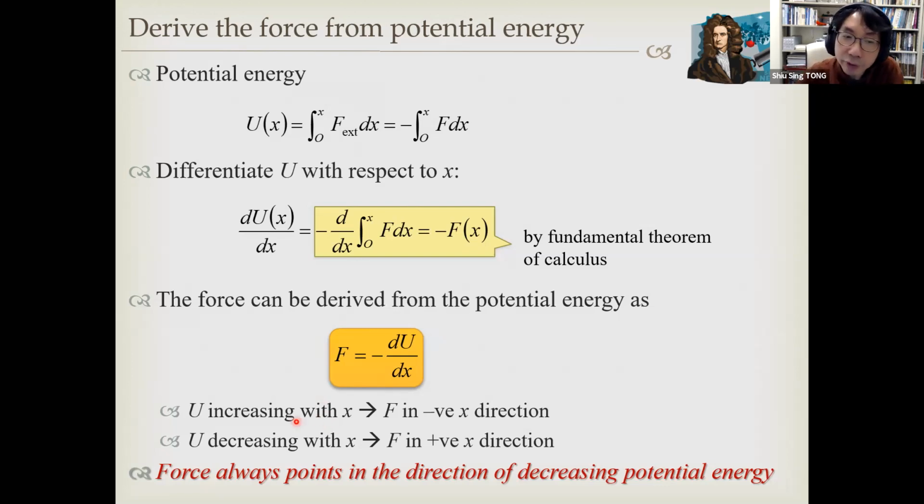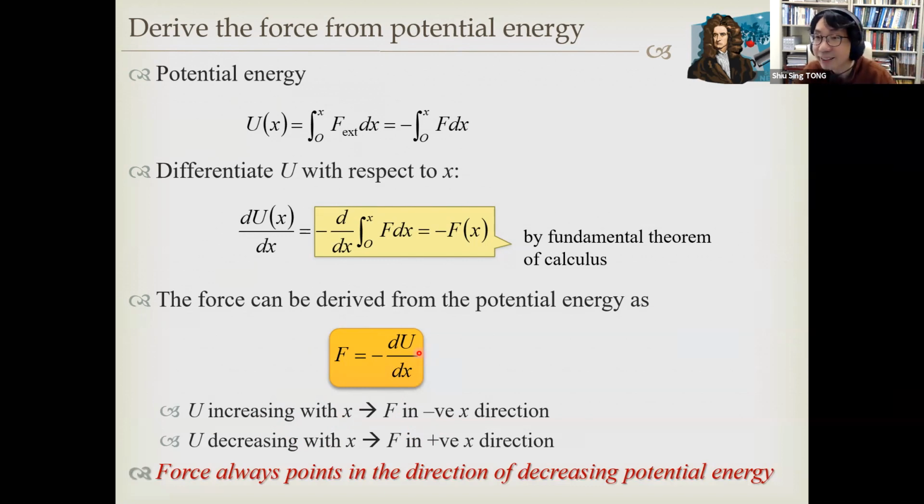Now, an interesting feature about this relation is that the conservative force is always in the direction of decreasing U. For example, if U is increasing with x, then dU/dx is positive, right? When U is increasing, dU/dx is positive.